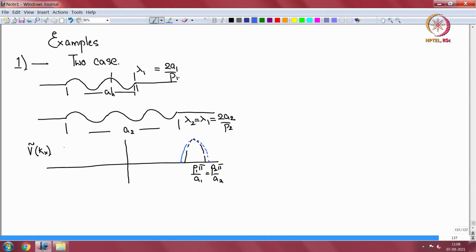So same here, wider picture for the shorter one and thinner picture for the longer one. But otherwise, beyond the main lobe, the picture for both looks very similar.